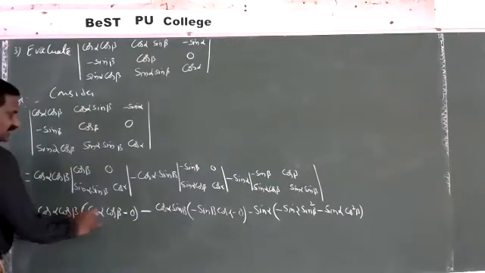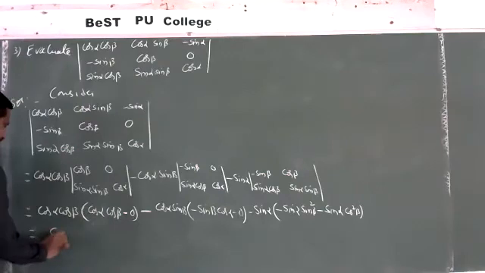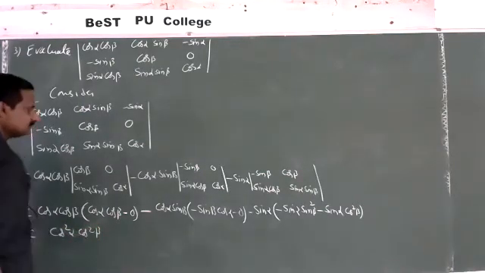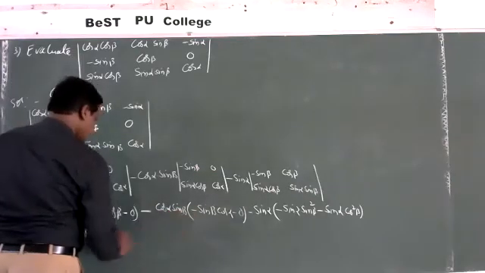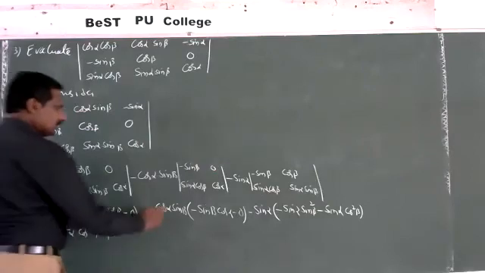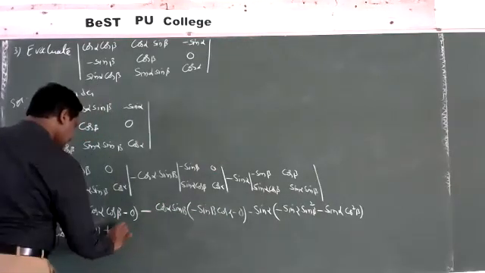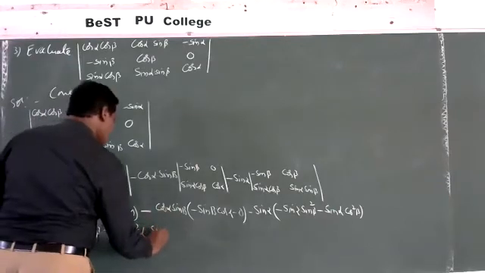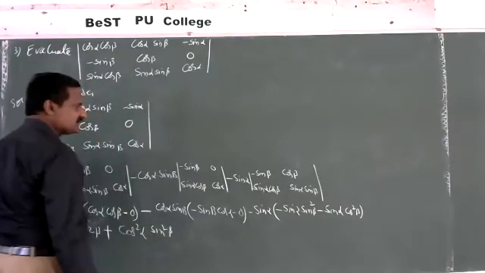From this it is cos alpha cos beta times cos alpha cos beta. It becomes cos square alpha cos square beta. Minus into minus is plus, cos square alpha sin square beta.